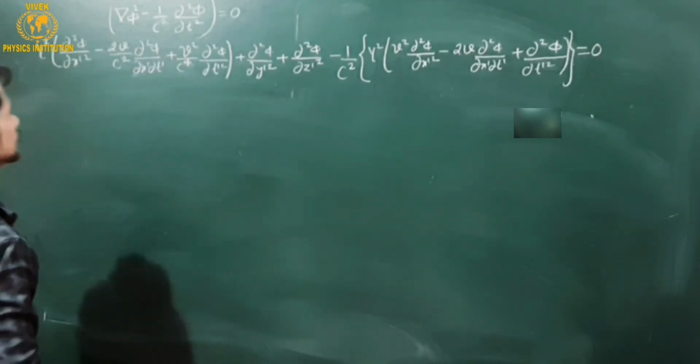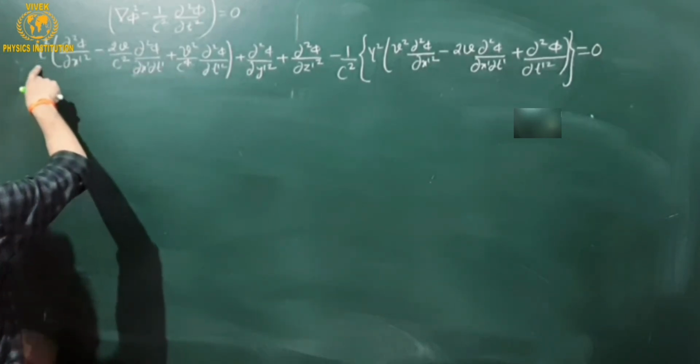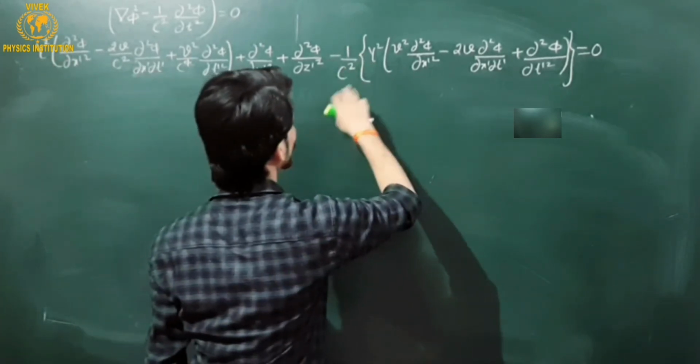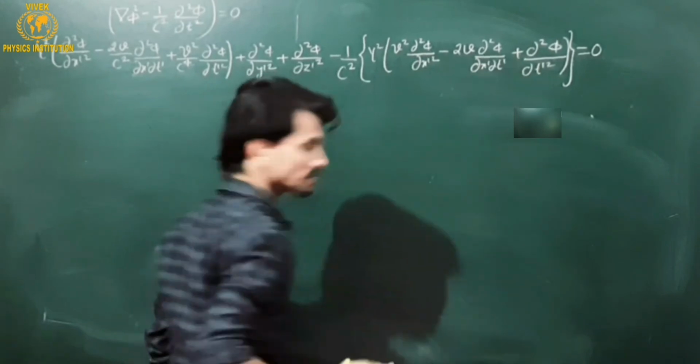Okay, so let me multiply gamma square in this bracket and 1 over c square with this gamma square in this factor.